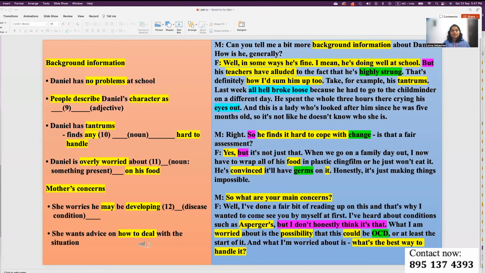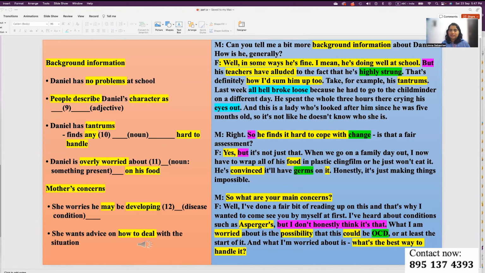Here it's written, finds any change hard to handle. The pediatrician is telling, so he finds it hard to cope with change. Handle, cope with, synonymous language. So here the answer came from the health professional's mouth. Very rarely it will come.